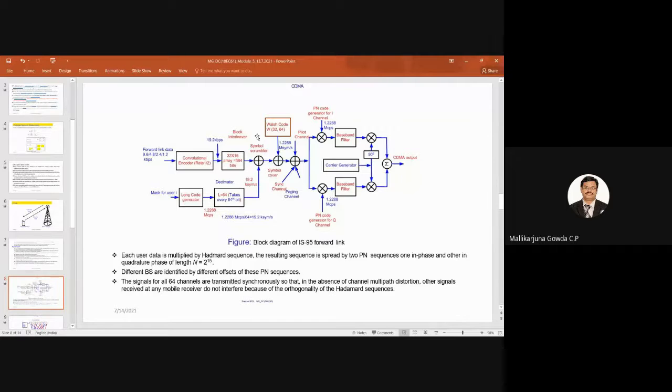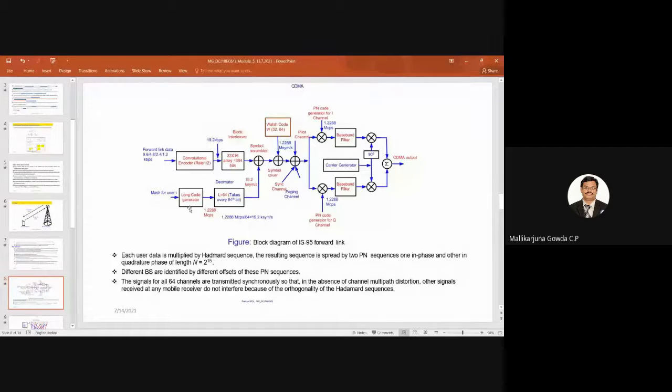The data bits at the output of the block interleaver will be at 19.2 kbps only. That will be scrambled by multiplying with the output of the long code generator.